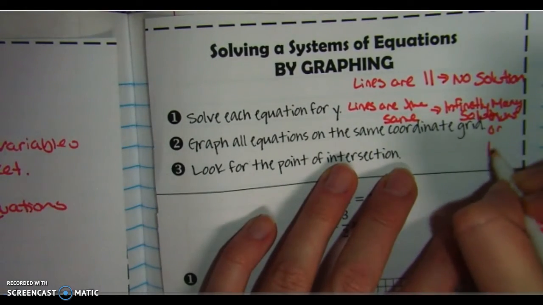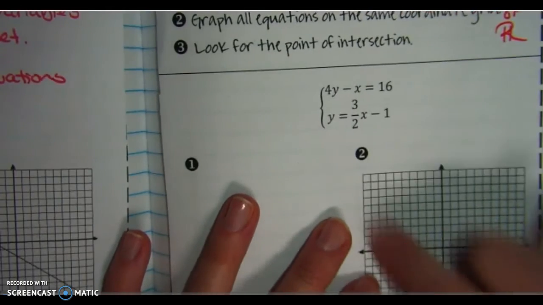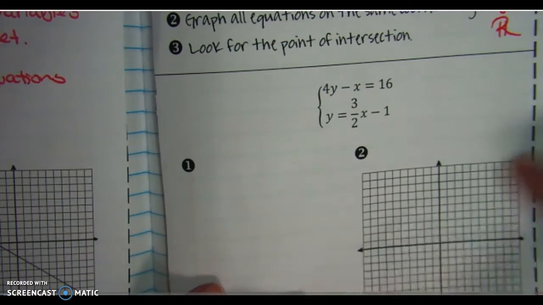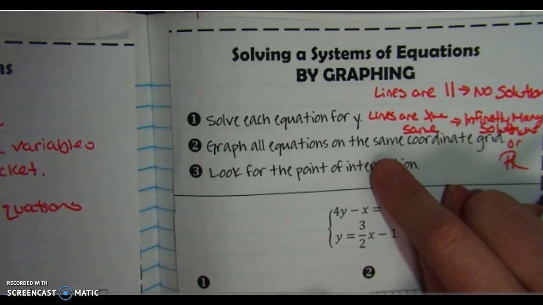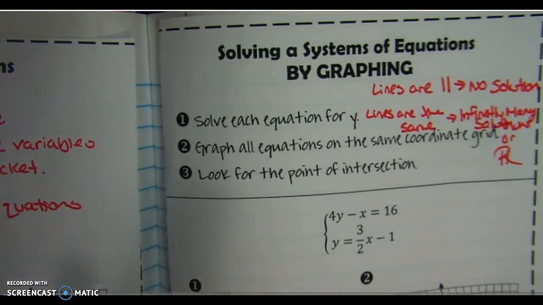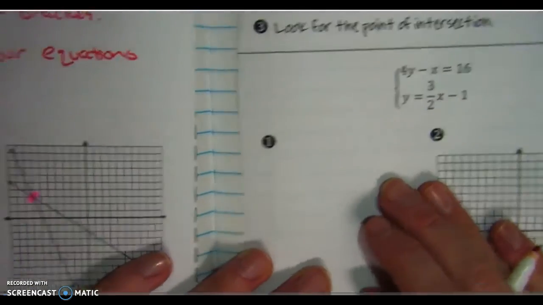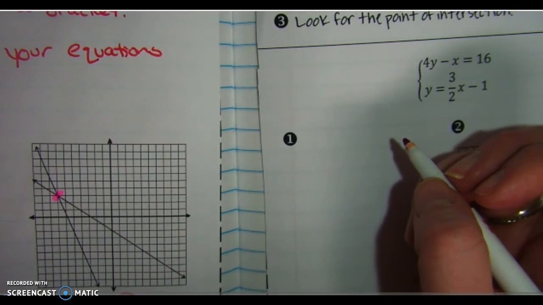Or you can say real numbers. We don't want to say infinite solutions because that could mean the answer could be anywhere on the coordinate graph. We want to tell the reader that it can only be on that line. So again, if they're parallel, there's no solution. If they're the same line after you graph it, there are infinitely many solutions, or all real numbers. Okay, so let's solve for y first.